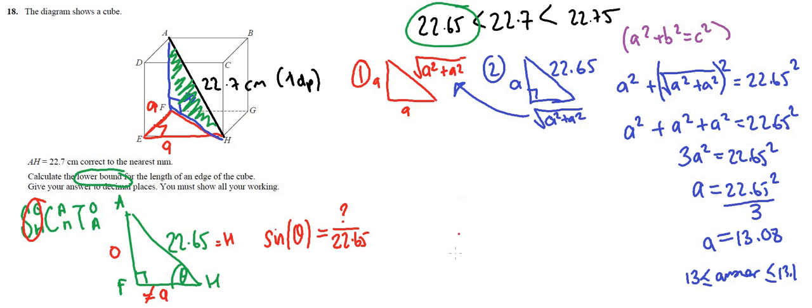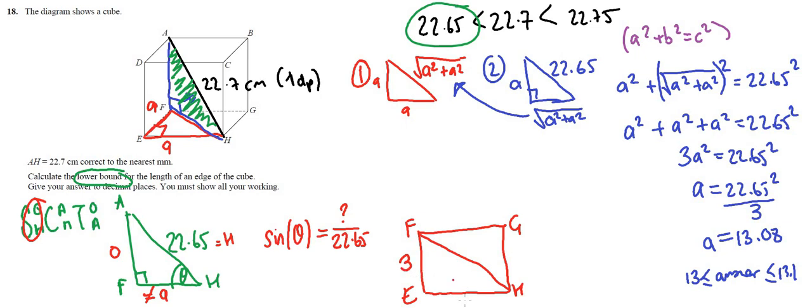If this is the bottom of my cube, I've got F here, G here, H here, and E here. If I draw a line across, let's take an example and put it into numbers to make it easy. If this is 3 centimetres, that means this is 3 centimetres, here's my right angle, and that's 3 centimetres. That line across is the hypotenuse of that triangle.